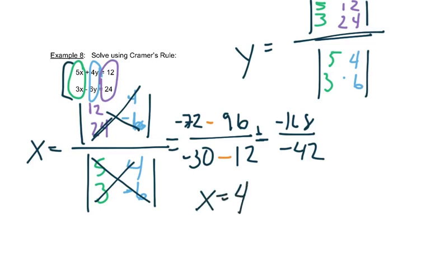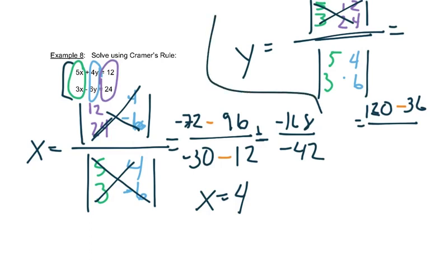So we'll do the same thing with the y's. Here we'd have 5 times 24, which is 120, minus 3 times 12, which is 36, over 5 times negative 6, which is negative 30, minus 4 times 3, which is 12.